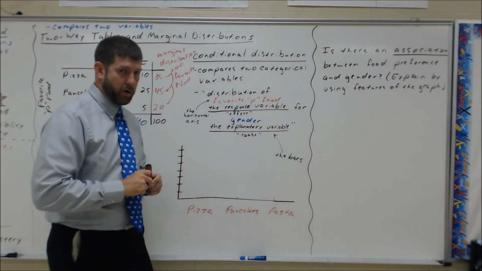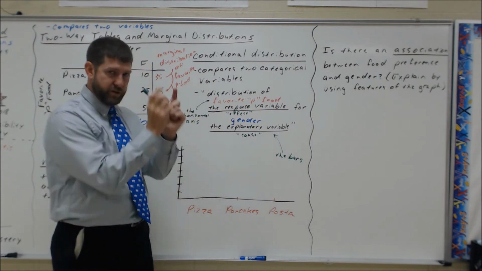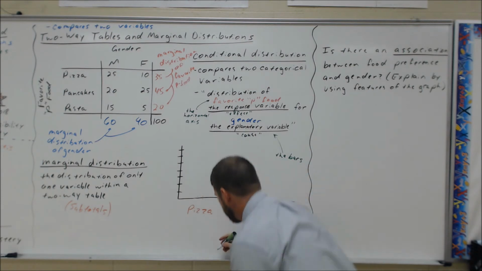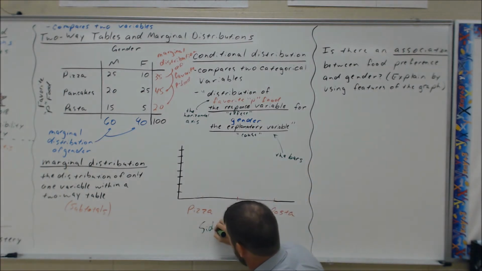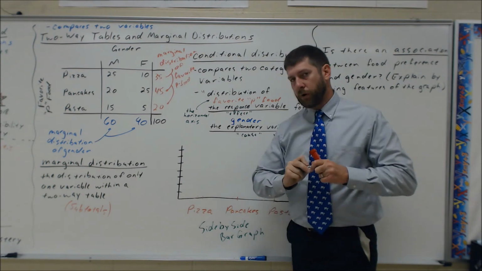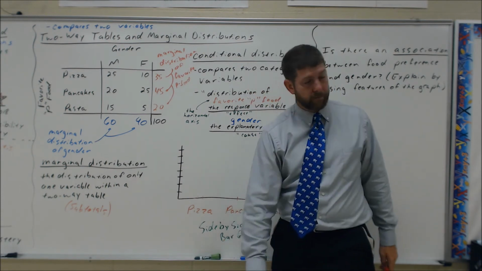Not the height of the bars, but we're going to put those explanatory gender bars side by side. So what we're building right now is called a side-by-side bar graph, so I can look at each of these groups broken down and compare them side by side.